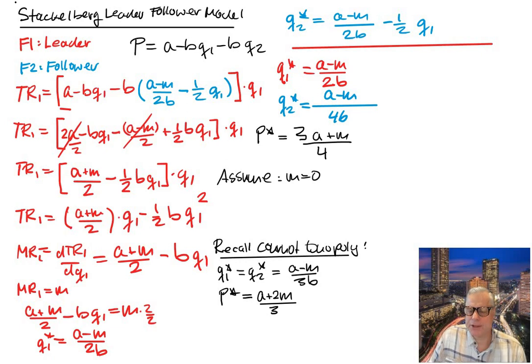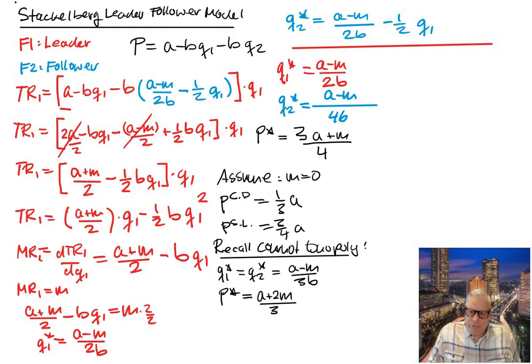Then the price in the Cournot duopoly would be 1/3 of an A, and the price in the Stackelberg leader world is 3/4 of an A. So from there we can already infer, because the demand function is linear, that the overall quantity supplied by the leader and the follower must be less than in the Cournot duopoly.